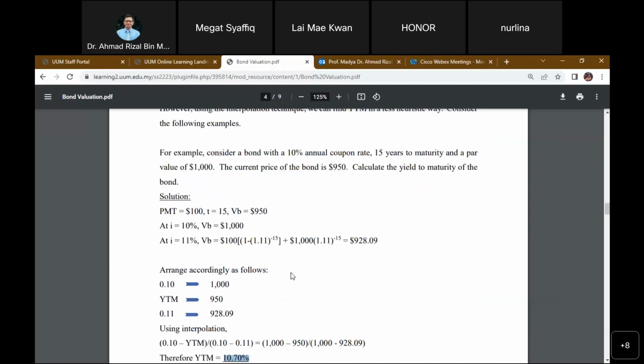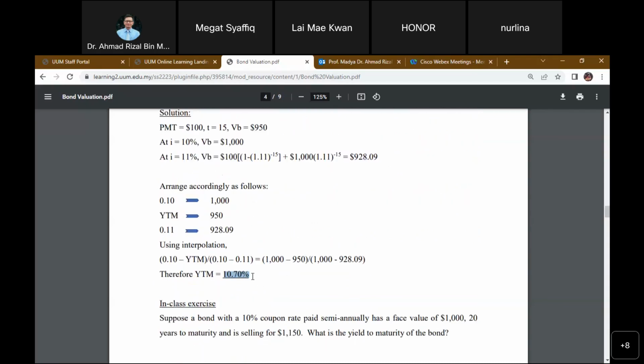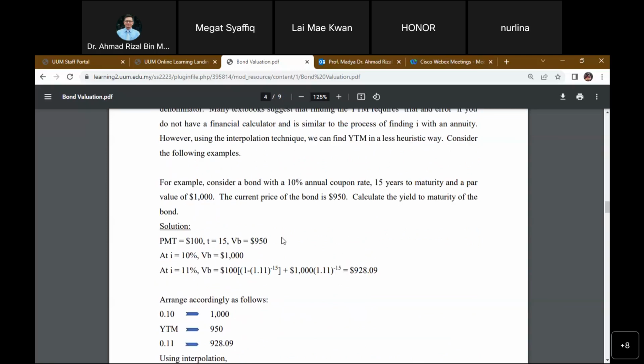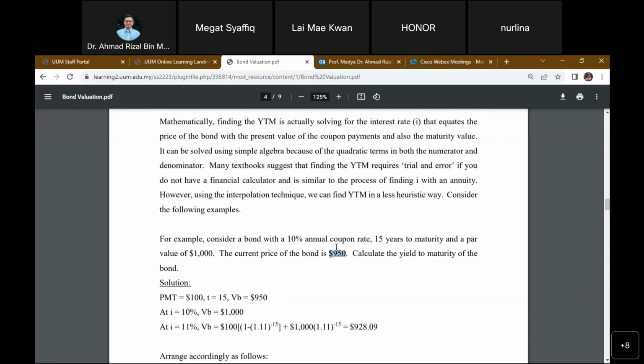This 10.7% yield to maturity stands if you purchase it at 950 now and hold on to the bond until maturity, which is 15 years. Along the way, you will get that $100 coupon payment per year for 15 years, and upon maturity, you will get back the par value, which is 1,000.